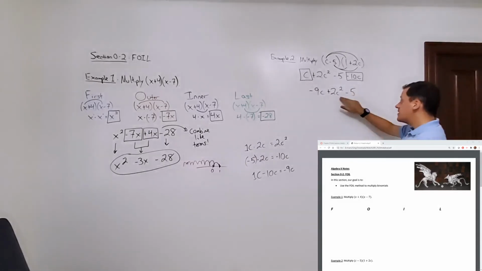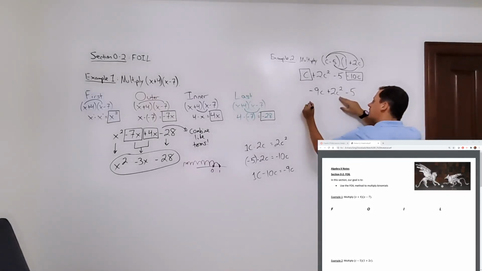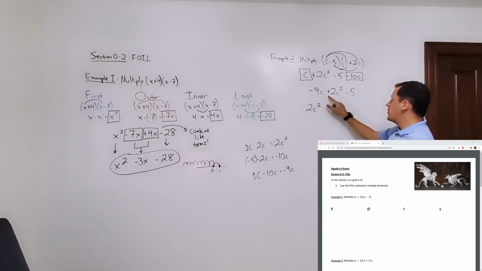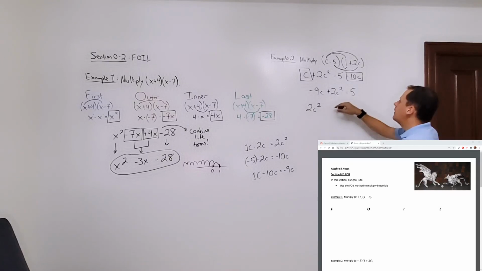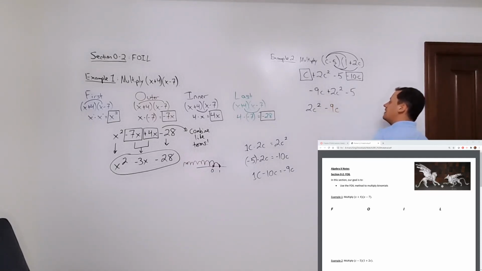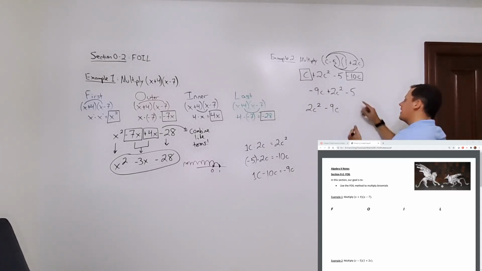So what I'm saying is we would want to write this term first on the left. If it's the first term, we don't need to write the plus sign. It's not important. We already know it's positive. Then this term would be next because this c has an exponent of 1. So minus 9c. And then the term that doesn't have a c would go at the end, minus 5.